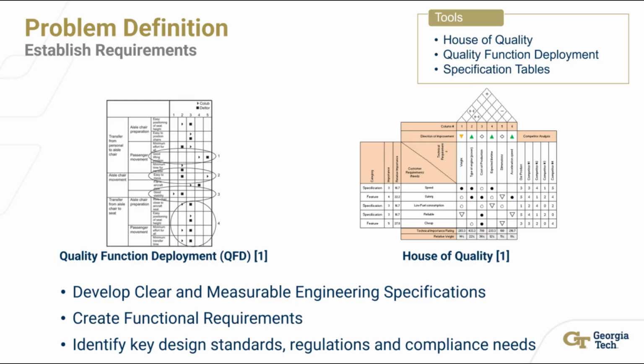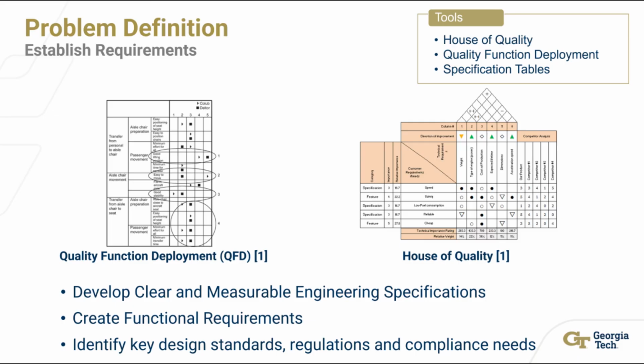The next step in problem definition would be establishing requirements. It's very important to develop clear and measurable engineering specifications during the problem definition phase. To do this, we can create functional requirements and also identify key design standards, regulations, and compliance needs that we need to meet. Some of the tools we can use to achieve this would be a house of quality, quality function deployment, or specification tables.